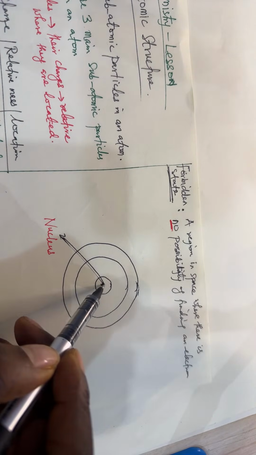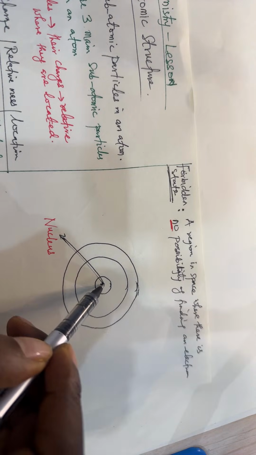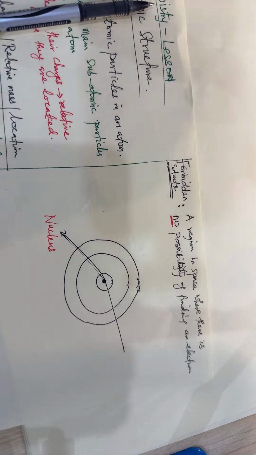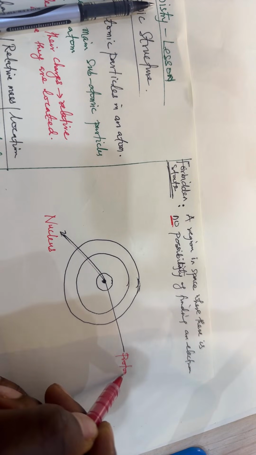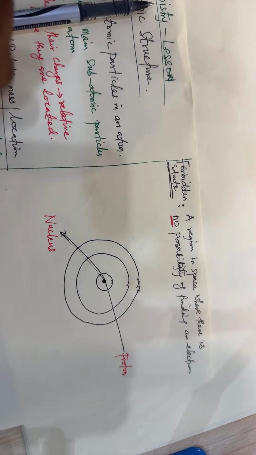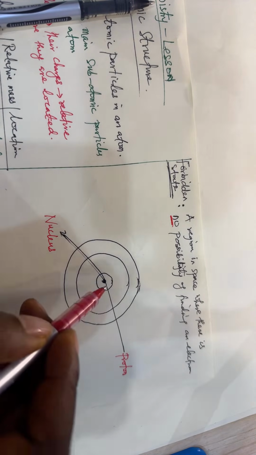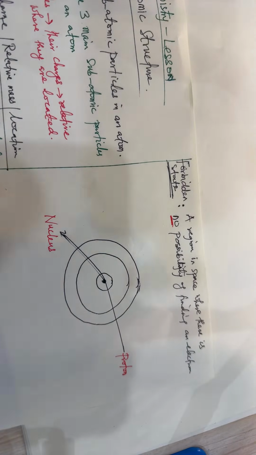Inside this particular nucleus of an atom, we have the proton, and we have another one called the neutron.